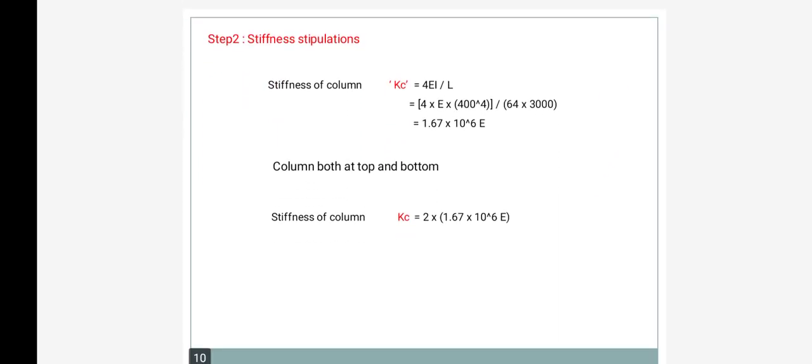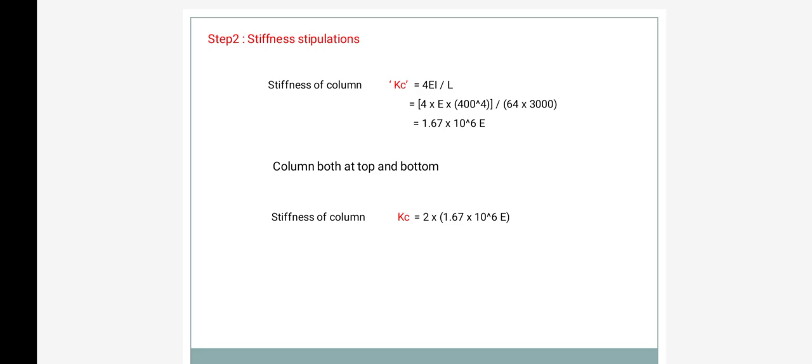Then step 2: stiffness calculation. The stiffness of column Kc is equal to 4EI by L. So 4 into E into 400 to the power 4 divided by 64, into 3000.